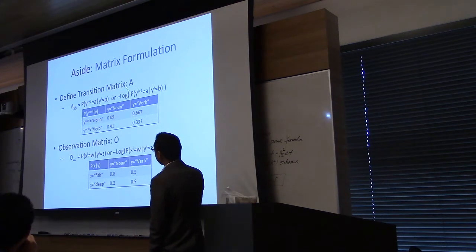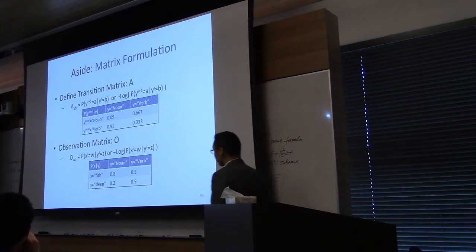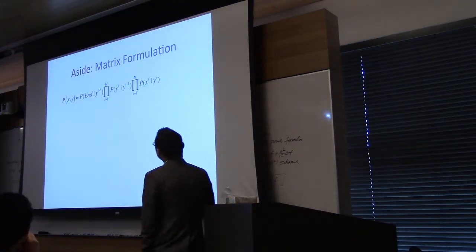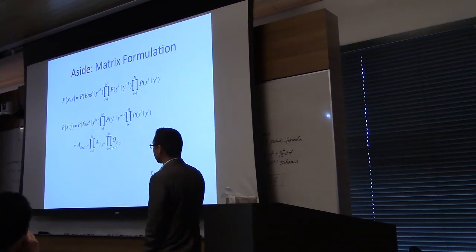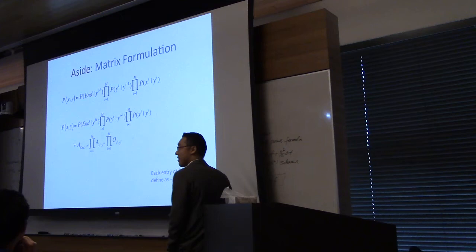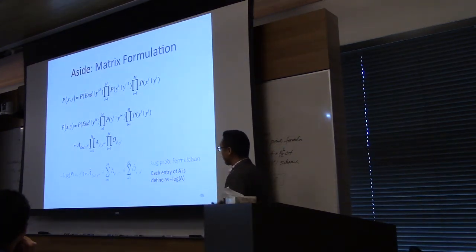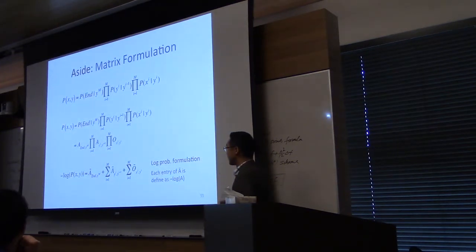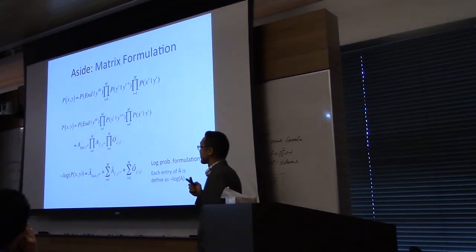This is the transition matrix, this is the observation matrix. We could write this in matrix form, or the log probability version. Nothing special is going on here.